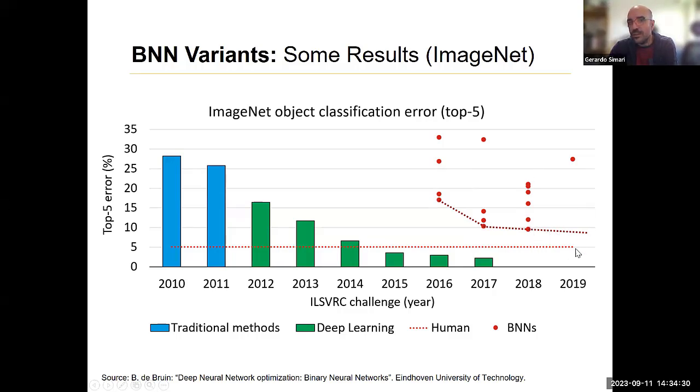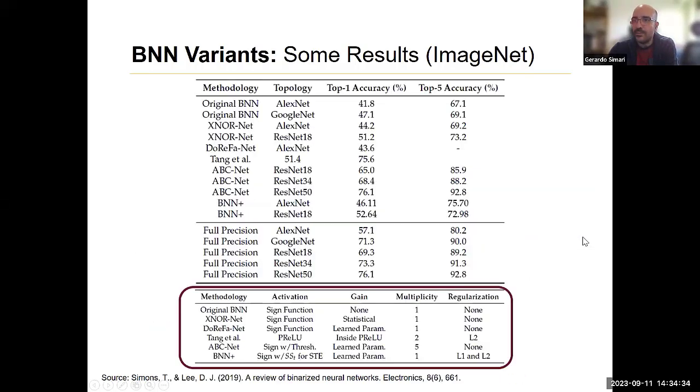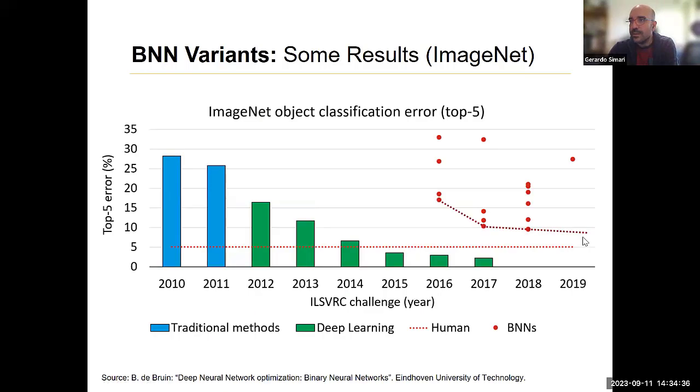So we're still not at the point where, or actually ABCNet was, but I don't know why they're not including it here. We're not at the point where we can get that low of an error, but it's getting better. Well, actually, this is a different challenge. That's why they're different numbers.